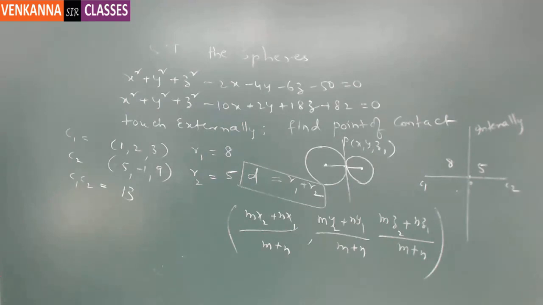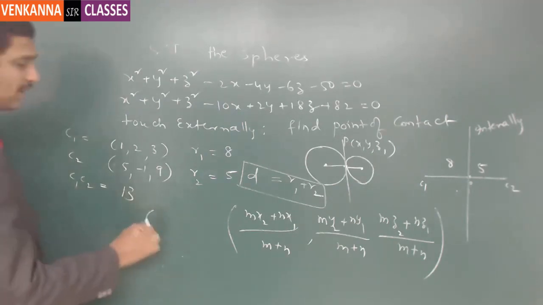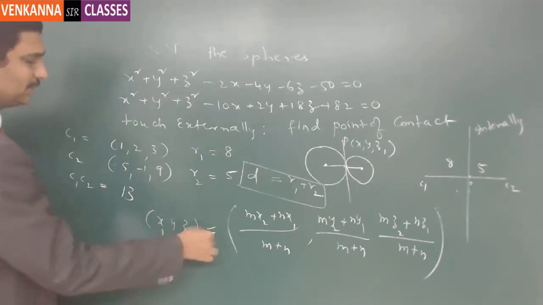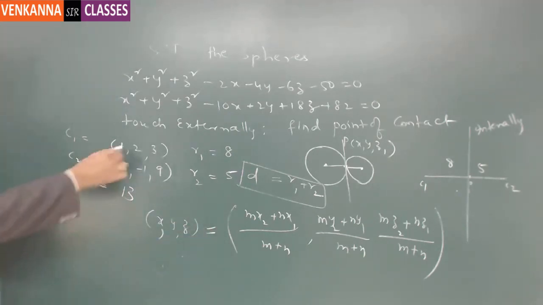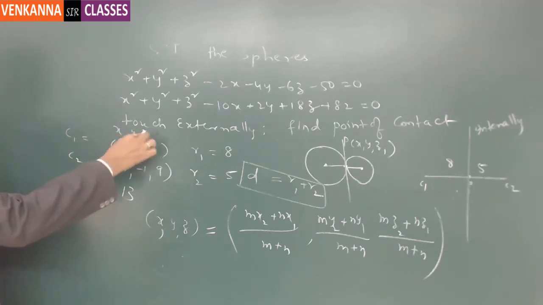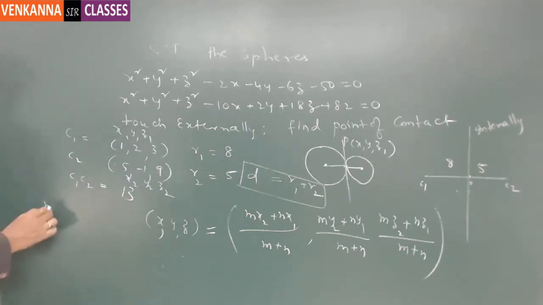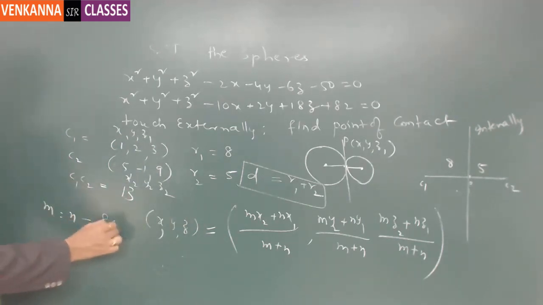So if you say that x1, y1, z1 or x, y, z is the point of contact, then this is one center x1, y1, z1, this is the other center x2, y2, z2. Applying the ratio m:n is equal to 8:5, you will get the point of contact. Please check that.